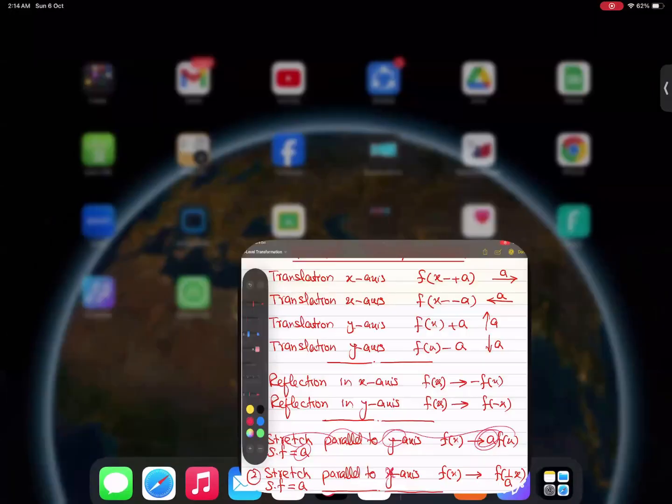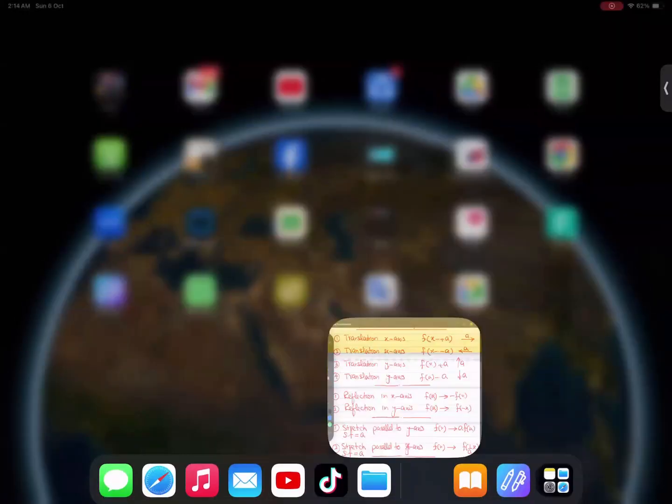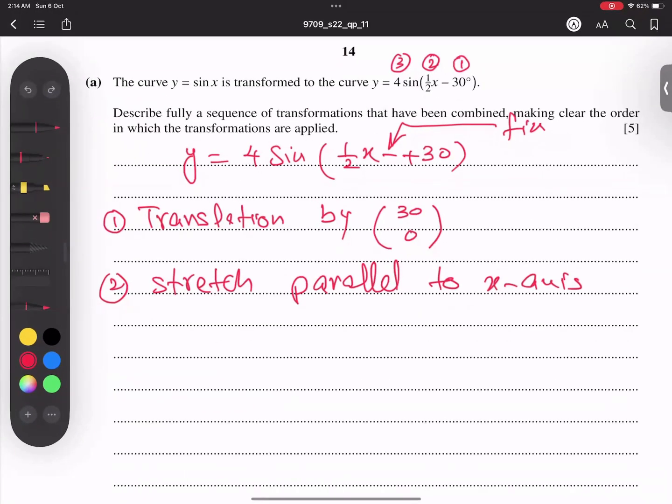Hold on. Okay. So number 3, parallel to x-axis, this one, and stretch factor by factor. So make it reciprocal. So 2. I believe you got a point.